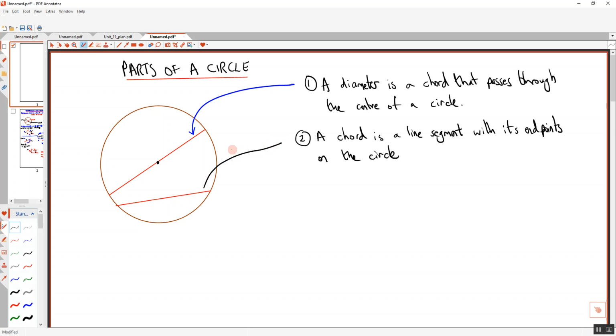Grayson, you getting this down? As long as it goes from one part of the circle to another part, it's a chord. It can be anywhere we want.